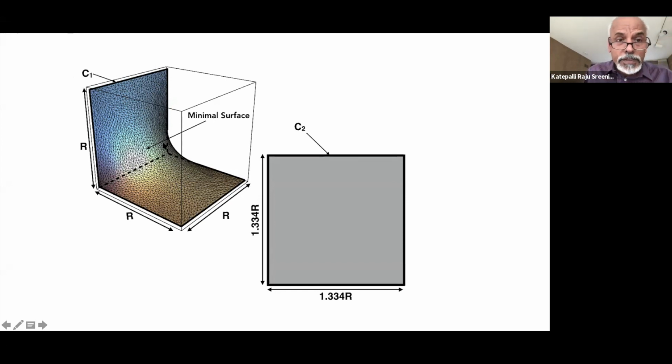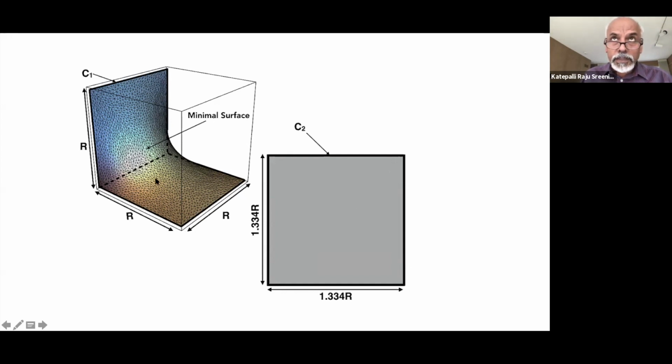So you can calculate the circulation around the contour for the minimal area, and you can also ask yourself whether the circulation properties are the same as the circulation properties of an equivalent planar area. So you can have a planar area here, which I've depicted, to have the same area as this minimal surface.